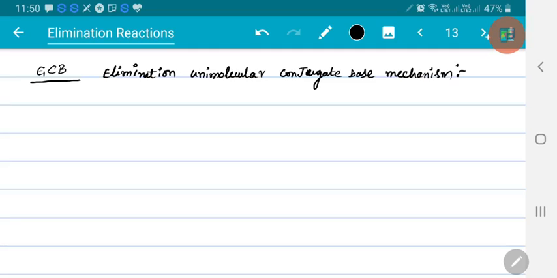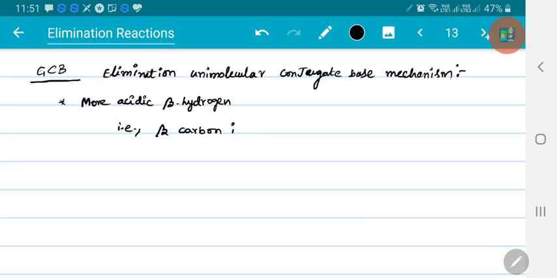Now, in case of E1CB, the hydrogen must be more acidic, right? So in E1CB mechanism, there must be a more acidic hydrogen, maybe a beta hydrogen, a more acidic beta hydrogen, right? This is the condition, that is, the beta carbon must be attached to a strong minus M group or good withdrawing group.